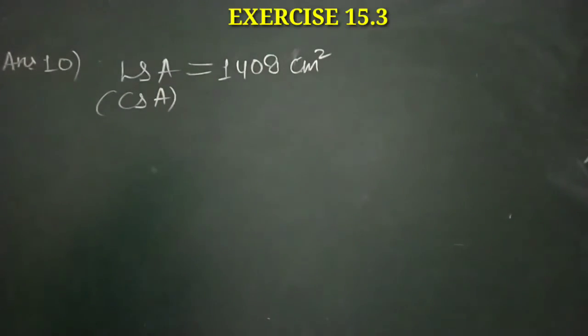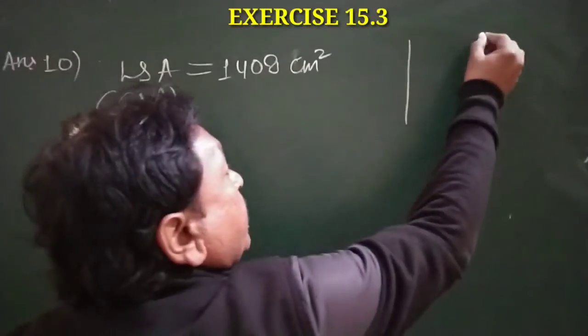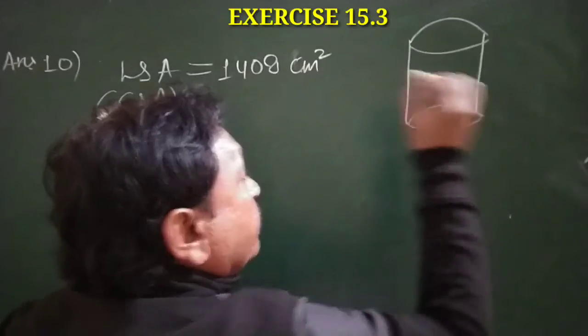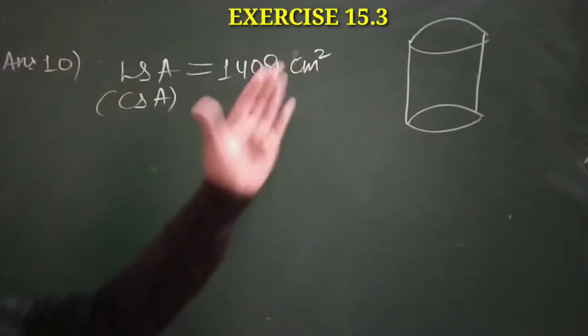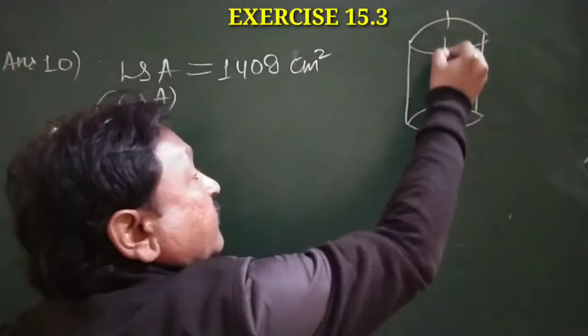Now the question is saying it is cut along its height and thus a rectangular sheet of width 32 centimeter is formed. Suppose this is our cylinder. What we actually did is we cut it along its height like this.